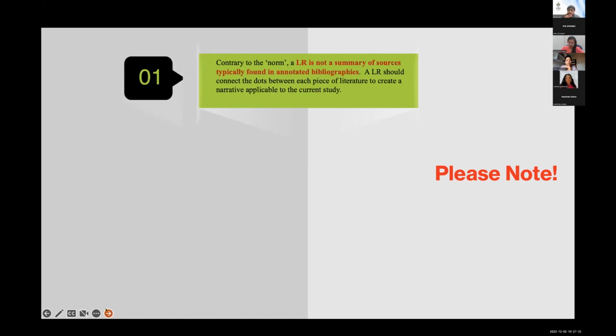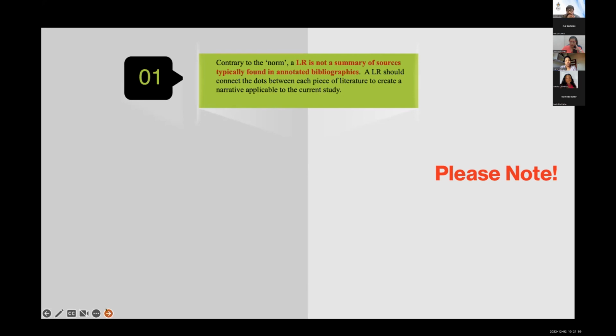A literature review should connect the dots. So while it summarizes and presents some information about what already exists, that's not done. You have to now connect the dots between each piece of literature that you have consulted to create a narrative about how it is applicable to your study.